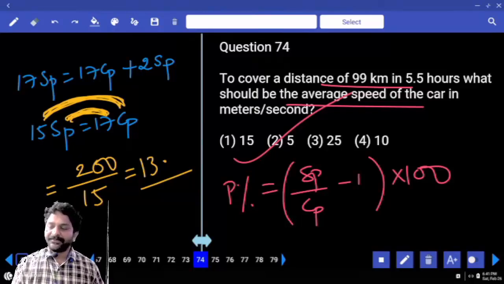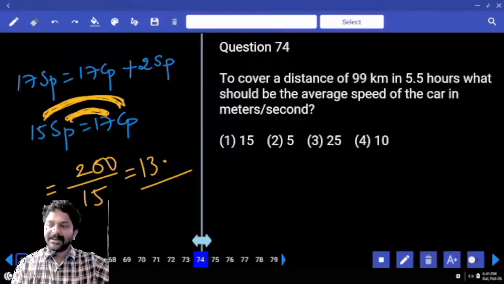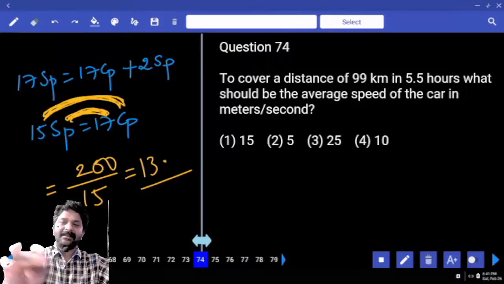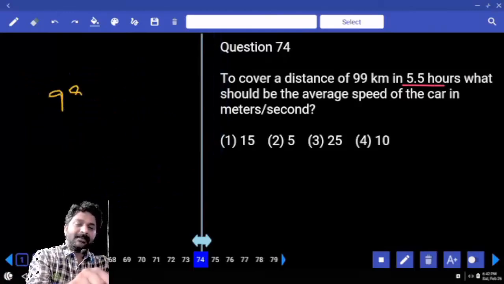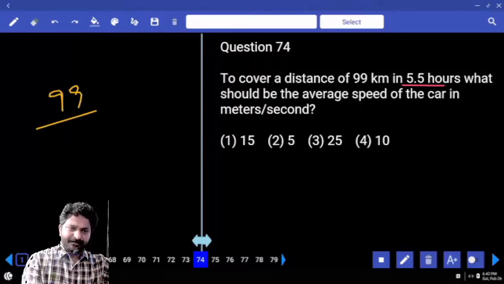To cover a distance of 99 kilometers in 5.5 hours, what should be the average speed of the car in meter per second? Right, per hour. 99 by 5.5 only.